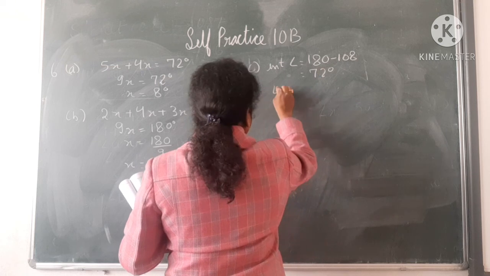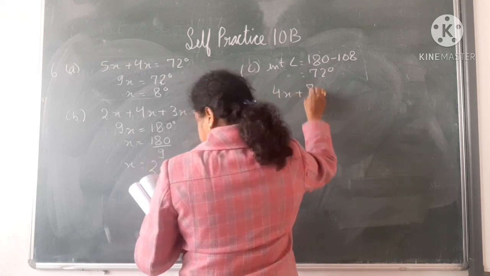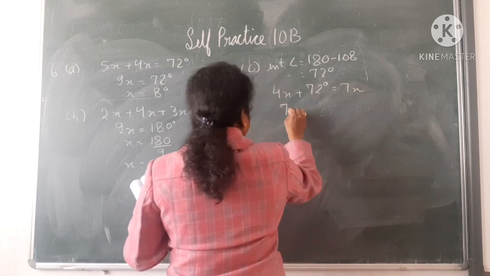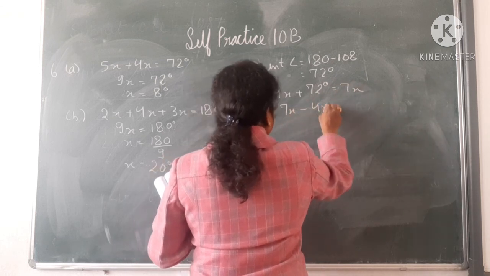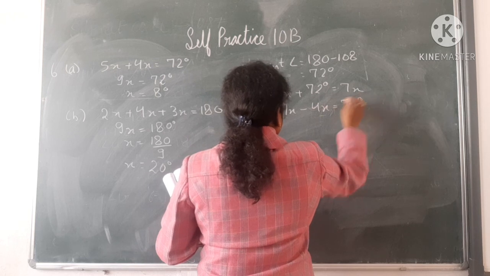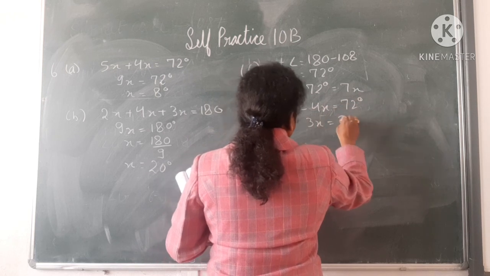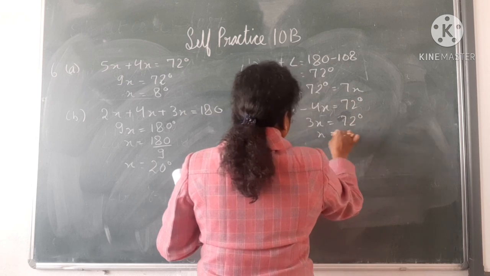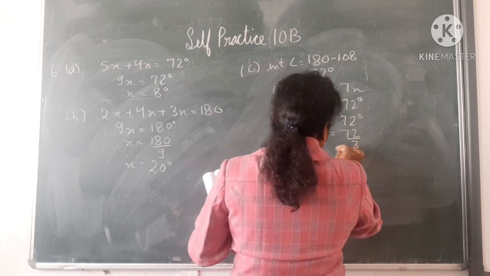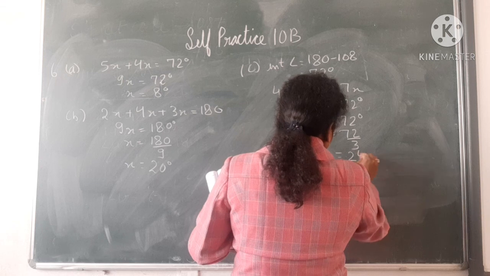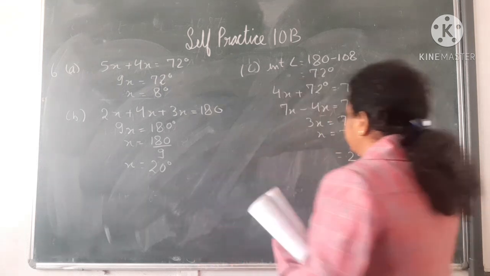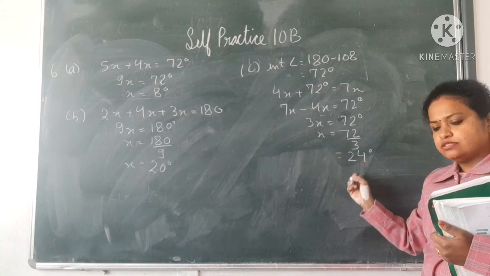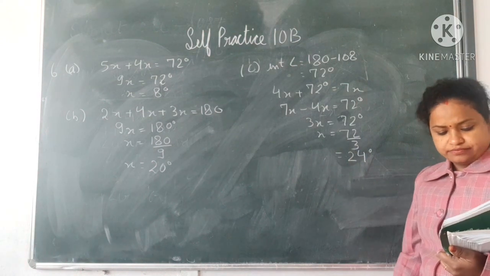Okay, 4x plus 72 degree is equal to 7x. 7x minus 4x is equal to 72 degree. 3x is equal to 72 degree. And x will be 72 by 3. How much will be your x here? 24 degree. Means 72 by 3, that is 24 degree.